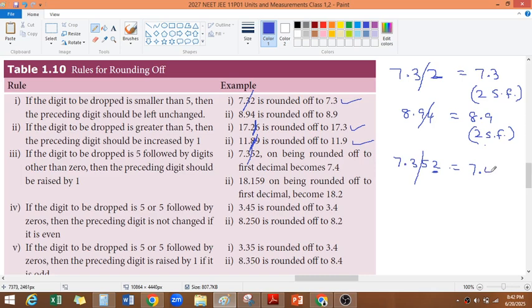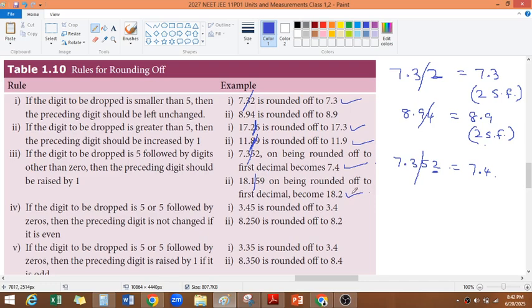So that means it will become 7.4. Suppose இங்கே, so you see here 5, 9, so 5 அப்புறம் you have some number, so that means you can add 1, so 18.2 ஆயிடுது.